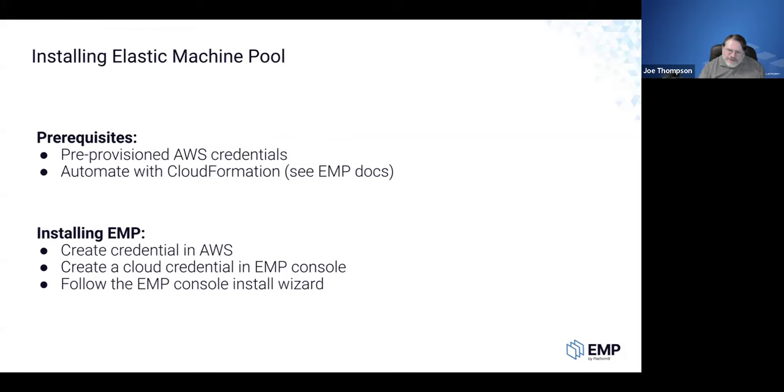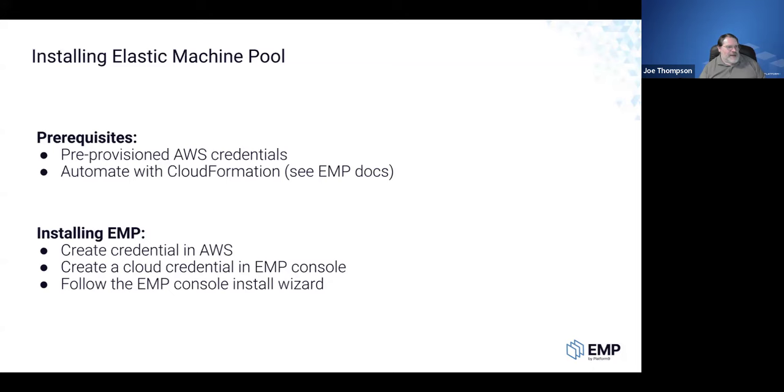So how do you install this thing? Well, it actually looks a fair bit like installing Karpenter, at least in the first bit. You're going to pre-provision those AWS credentials, and you can automate that with CloudFormation. We actually have a CloudFormation template in our EMP docs that will provision a credential with the required naming.